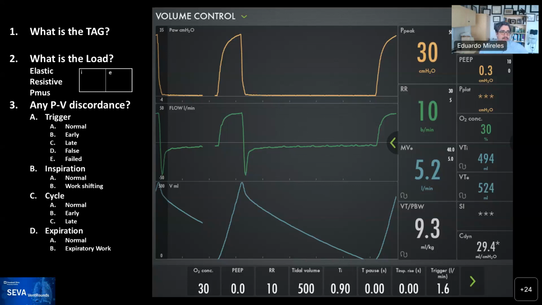Some comments are coming in. The majority of you have chosen VC-CMV for the tag for this mode, and just to highlight how we know that, this can sometimes generate some challenges. There are two ways to know what the tag is for the ventilator.